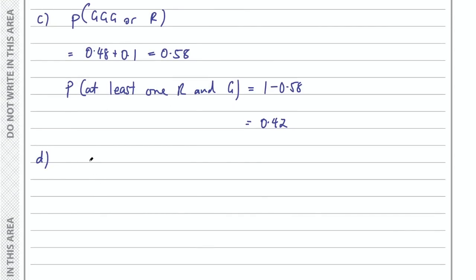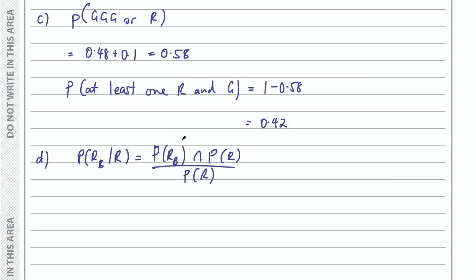Firstly, let's write down the conditional probability formula. We're looking for the probability that the red is from bag B, given that it's red. The formula says this will be equal to the probability of picking the red marble from bag B intersect the probability of a red, divided by the probability of a red marble.